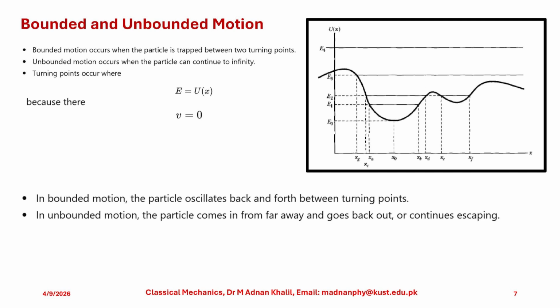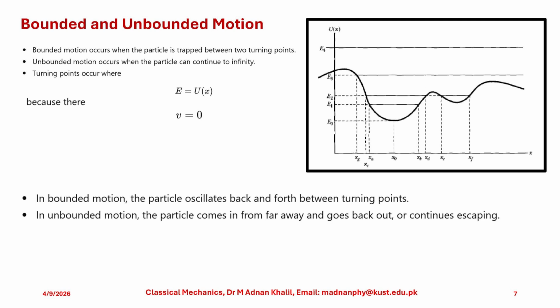Unbounded motion occurs when the particle is not trapped and can continue to very large distances, possibly to infinity. In that case, the energy level is such that the particle is not confined between two barriers.